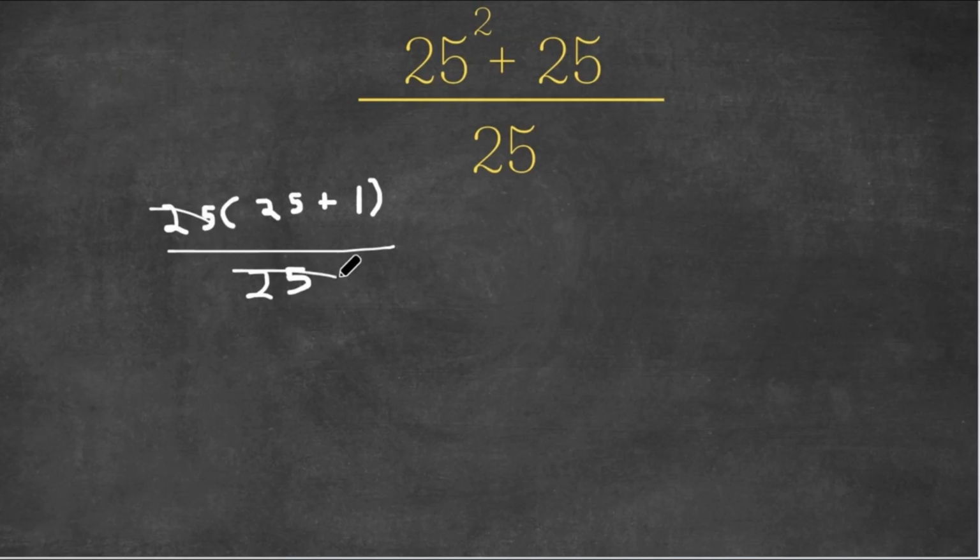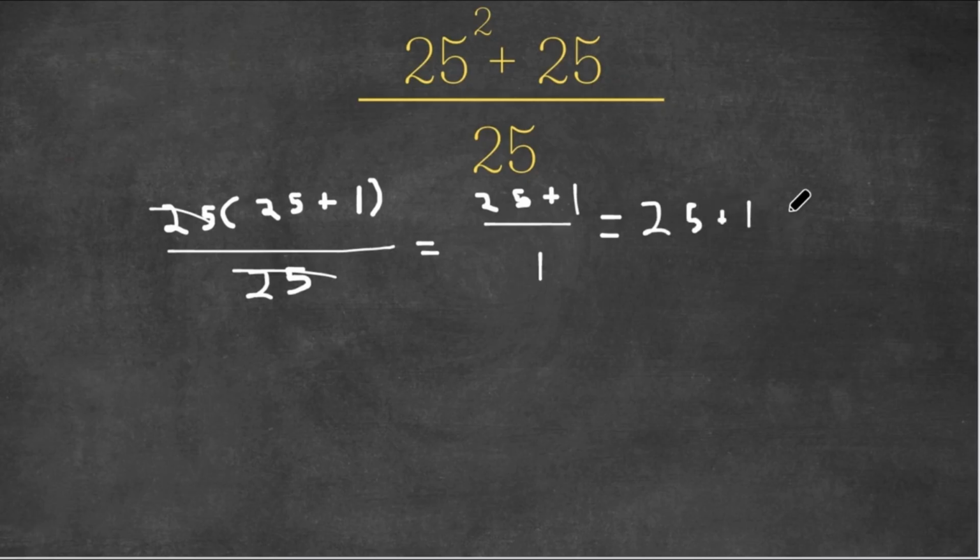So if I cancel out these two 25s because of the same number, this would equal (25 plus 1) over 1, which is the same thing as 25 plus 1, and 25 plus 1 is 26. So the answer here is 26, and this is the first method.